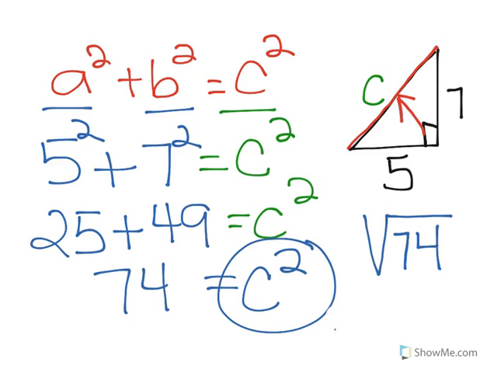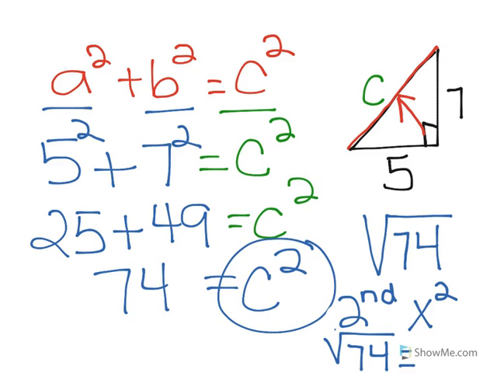So I know that I'm going to be getting a decimal. On your calculator, you're going to hit the second key, and then you're going to hit the x squared key. And that's going to give you the square root button. Then you're going to put in 74, and then you're going to hit your equal sign. Go ahead and try that.